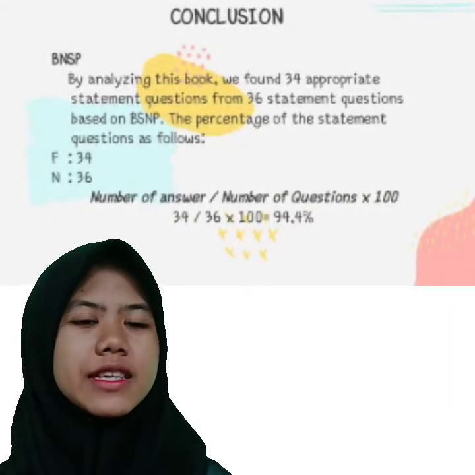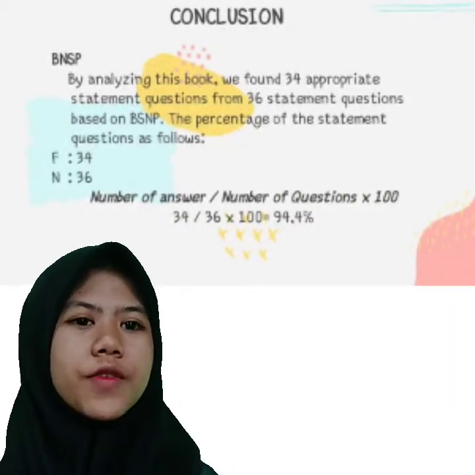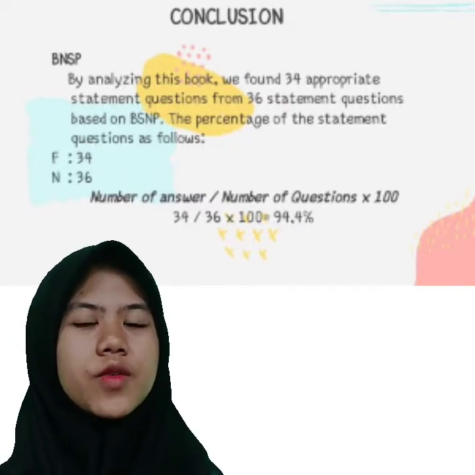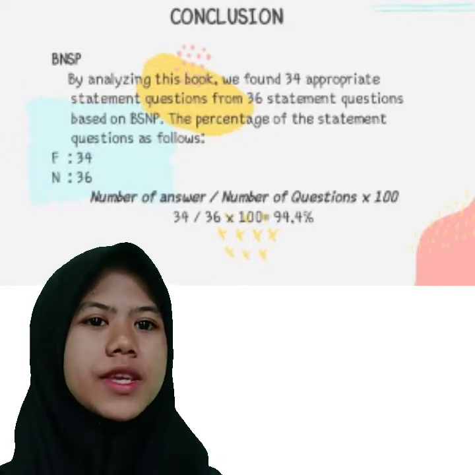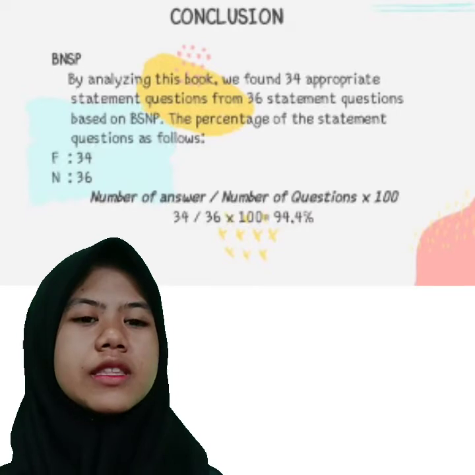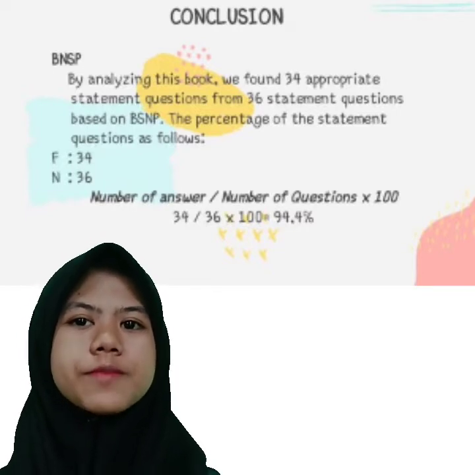The first is BSNP. By analyzing this textbook, we found 34 appropriate statement questions from 36 statement questions based on BSNP, and the percentage of the statement questions is 94.4%.